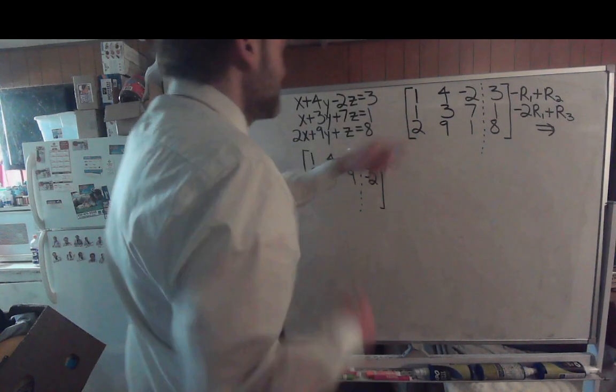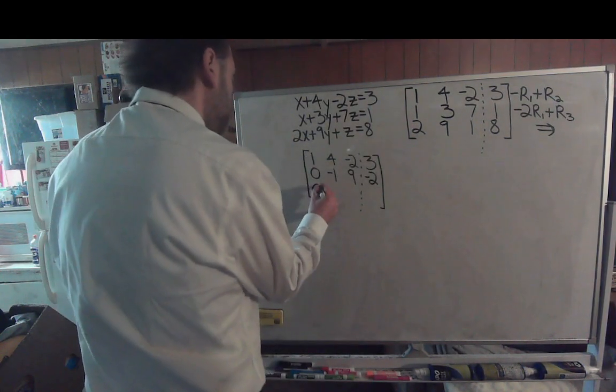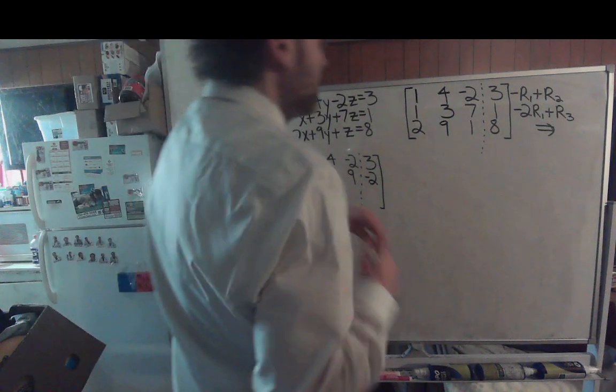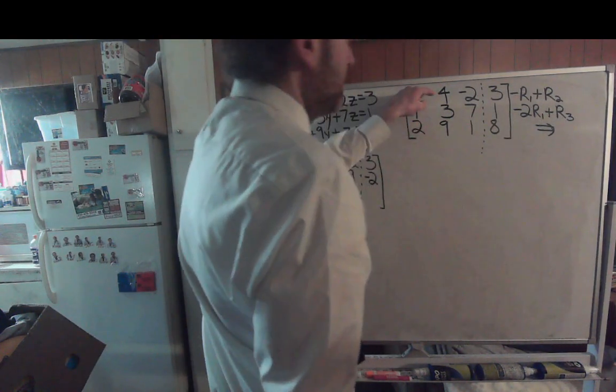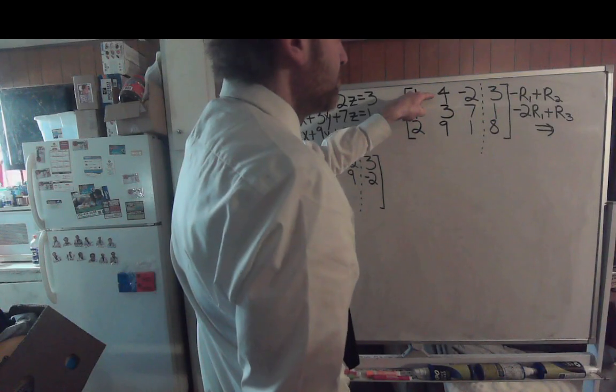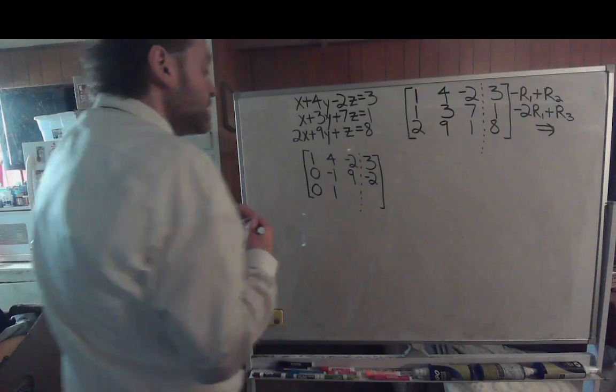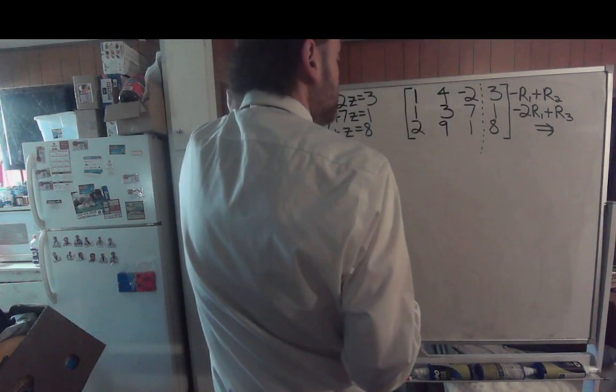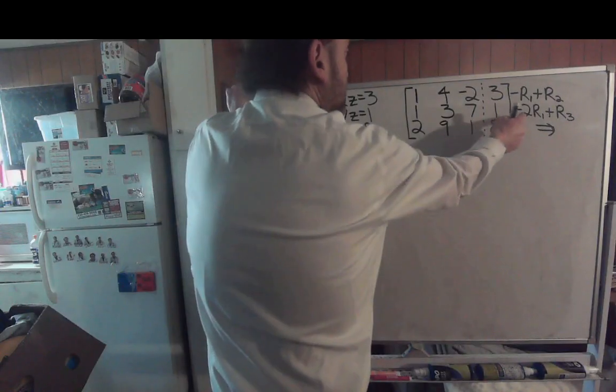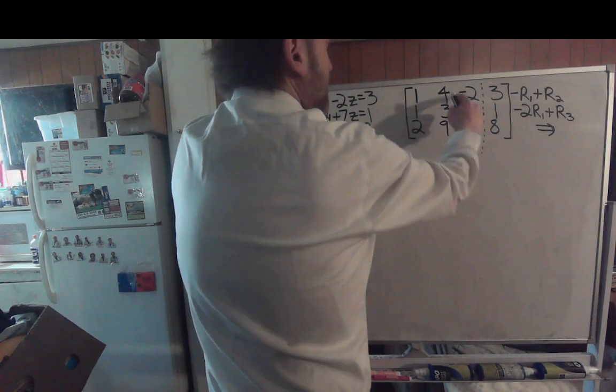Now, let's deal with -2 times row 1 plus row 3. So -2 plus 2 is 0. Let's see. -2 times 4 is -8. Plus 9 is +1. And then let's see. We have -2 times -2 is +4.